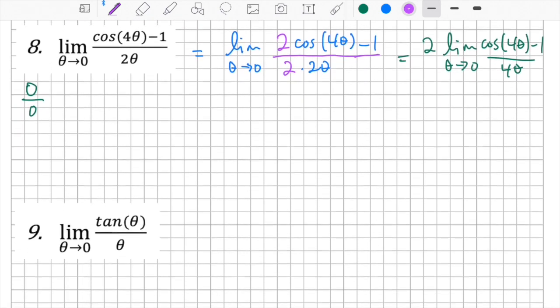Now we can use that property, this one right here. So this leads to 2 times 0. This right here becomes 0. So our final answer is just 2 times 0, which is going to give us 0.